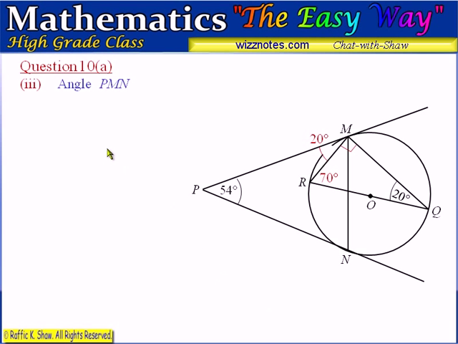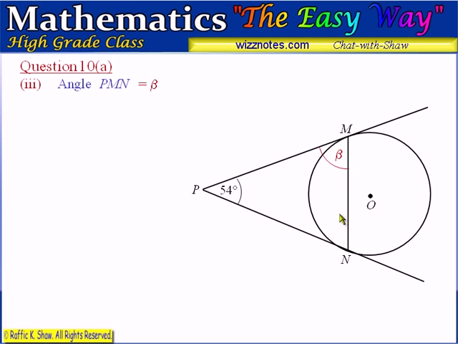Now part 3 wants us to give the angle PMN. Angle PMN is the angle here between PM and MN. We will call that angle beta and show it on the diagram by removing some of that information. So this is the angle that we want now.